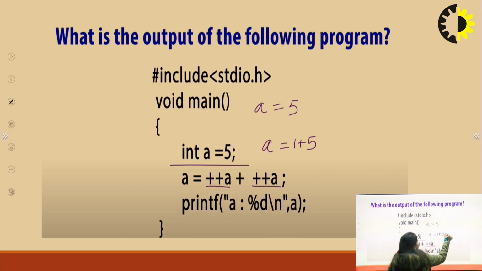Okay. Then A has become 6. Then plus plus A again, the 6 will become 7. Then 1 plus 6, sorry.